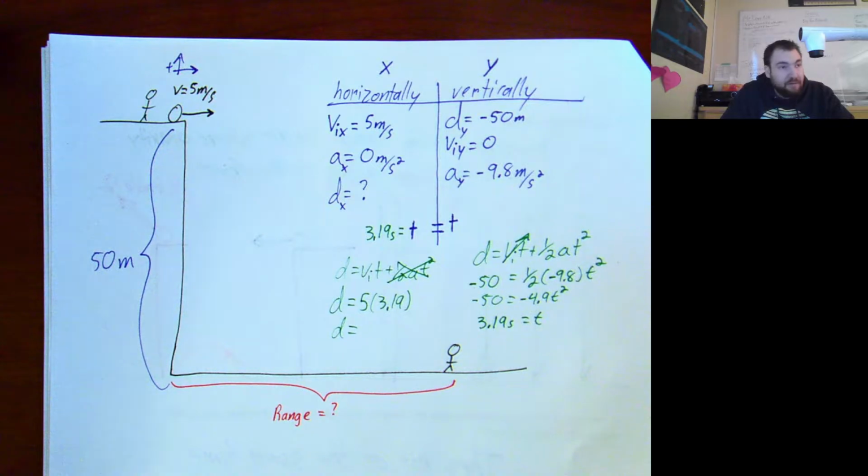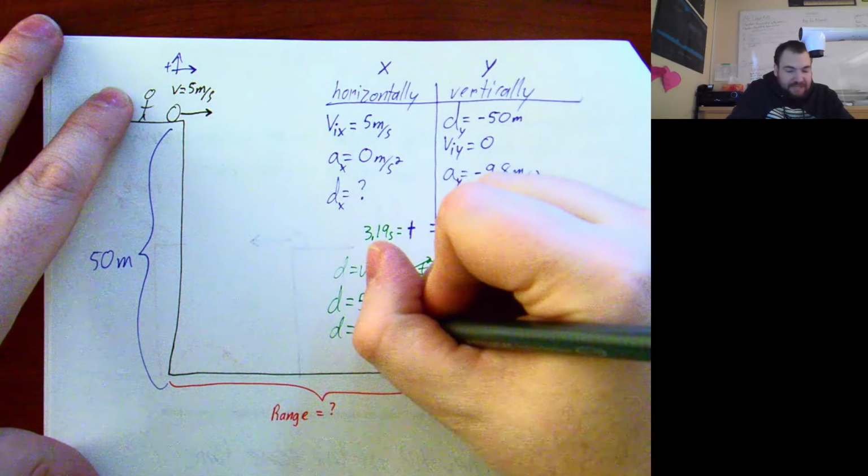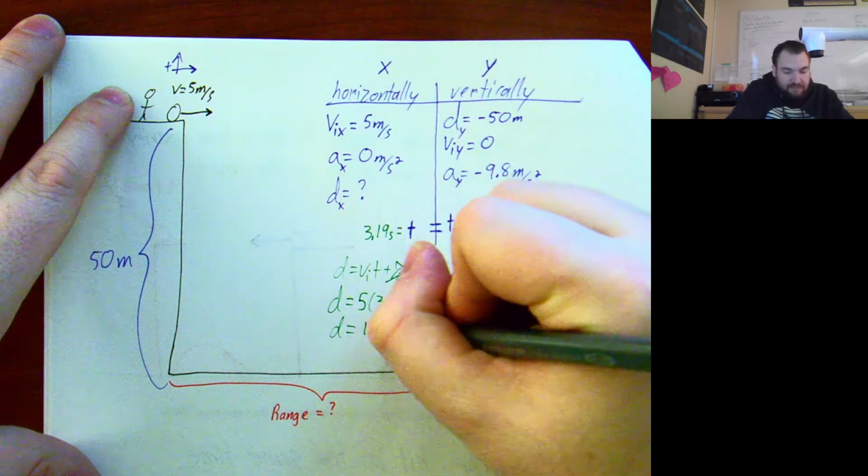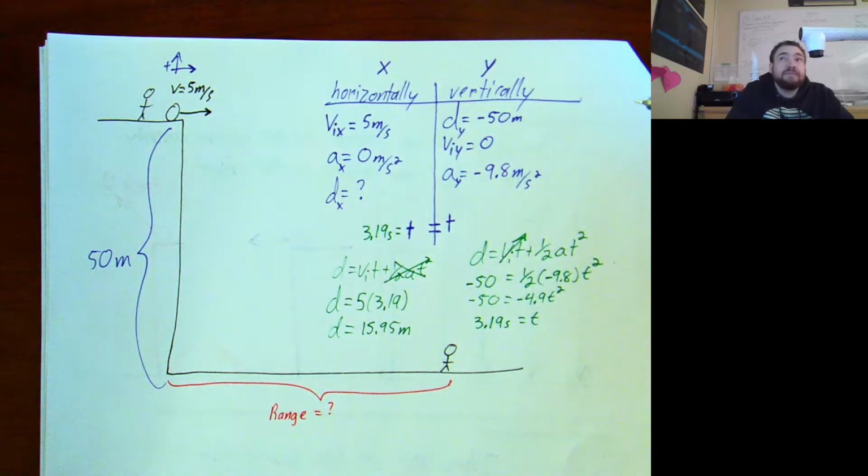What's the range of our object? 15.95 meters. There it is. Cool. Easy, yeah?